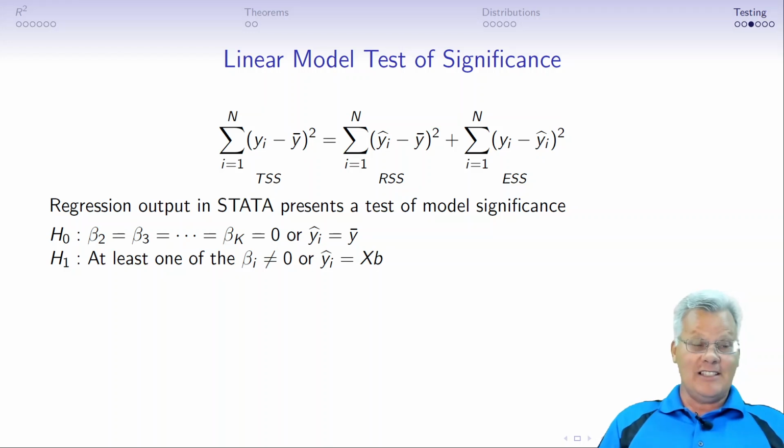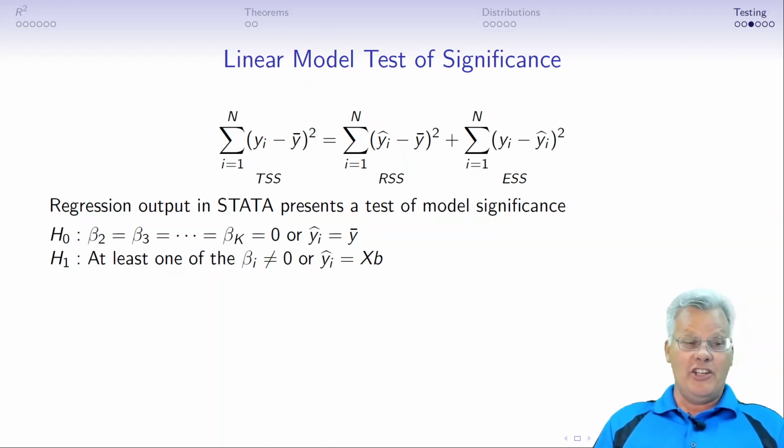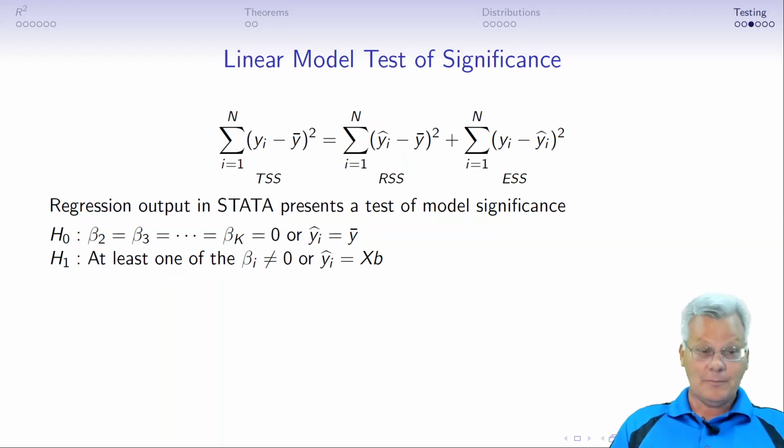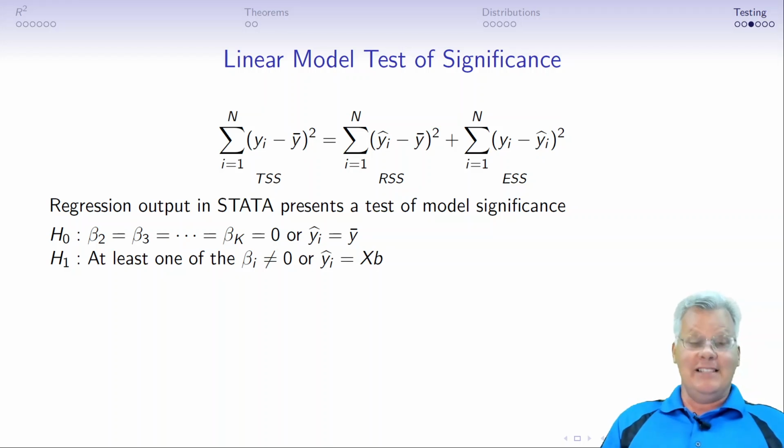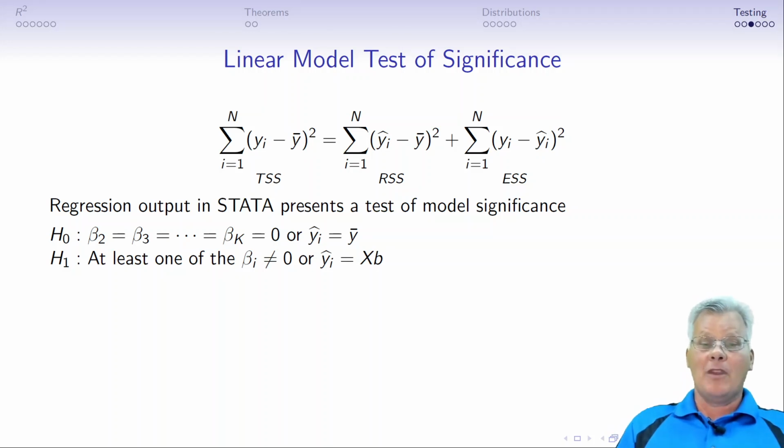If all these true unknown population beta parameters, other than the intercept, are equal to 0, that means that the predicted value of the ith observation, y hat i, is just the sample mean.